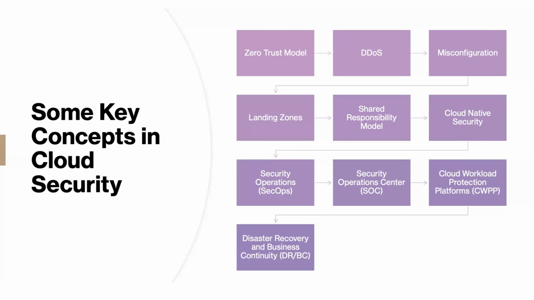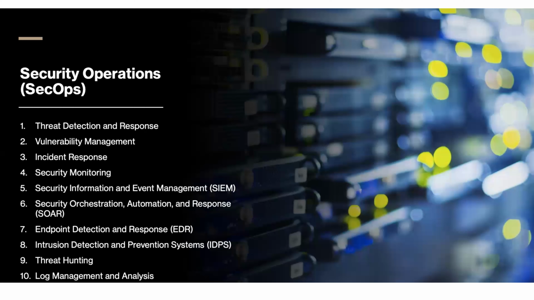And then we have other ones such as security operations, which is a practice that integrates security into IT operations. We have our security operations center over here. It is basically a centralized team that is responsible for monitoring, detecting, analyzing, and responding to security incidents in the cloud.